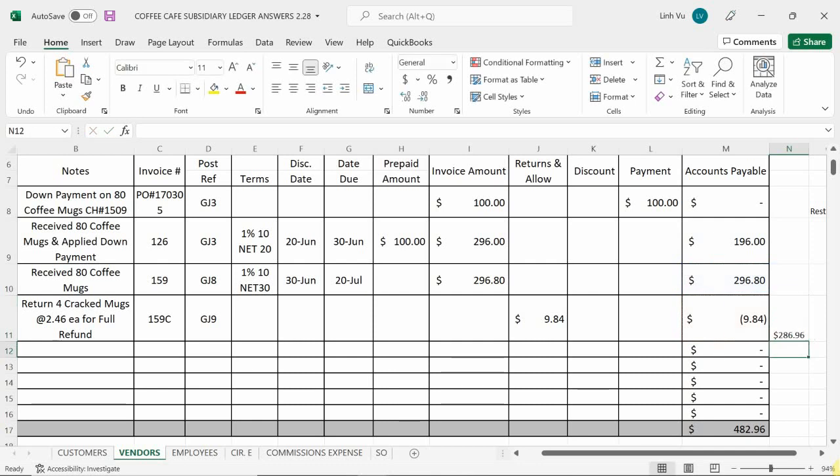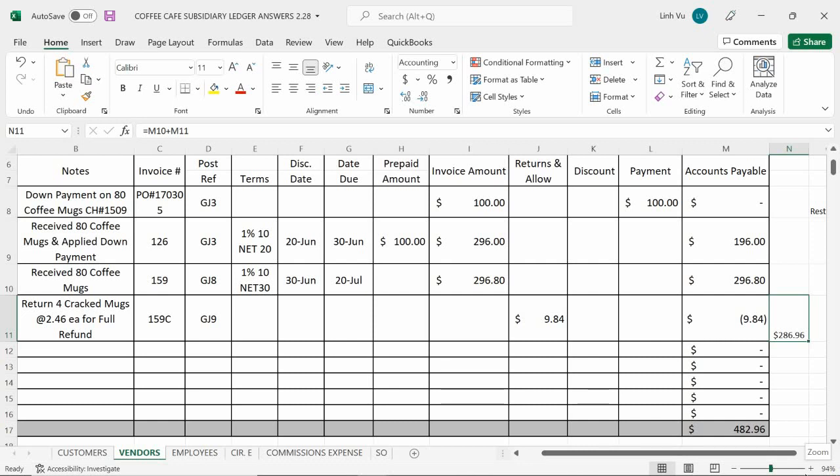Okay? Because in this case, I used to owe $296.80, but when I return this $9.84, now I only owe $286.96. Okay? Just to keep in mind there.